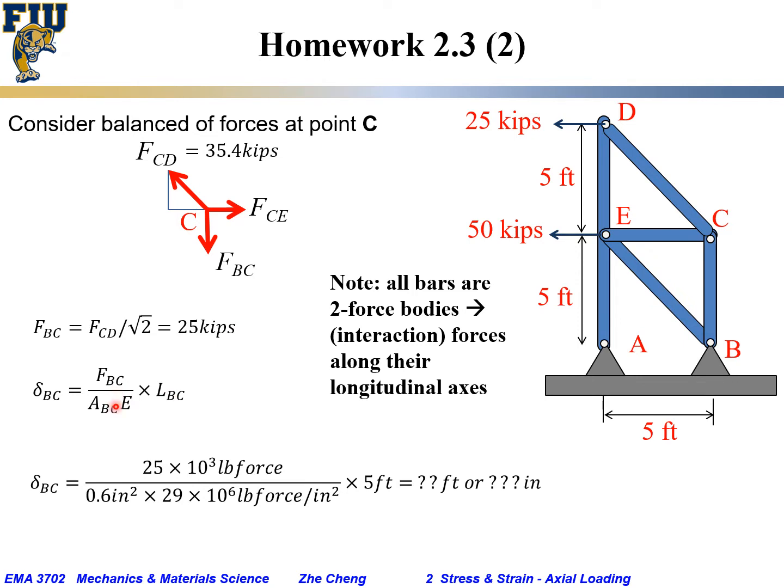The cross-section area for the BC rod we said is 0.6 square inch, and the elastic modulus we said is 29 times 10 to the power 6 pound force per square inch, or PSI, times LBC. LBC, based on the plot geometry, is 5 feet. So you plug the numbers in, you would get the answer in feet, or if you convert that, you can have it in inches.